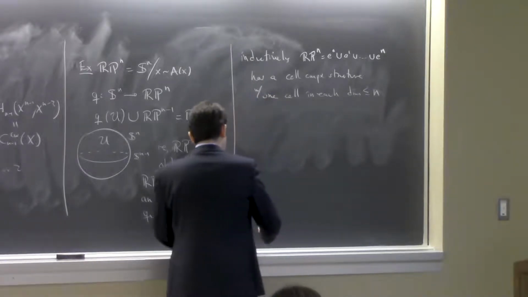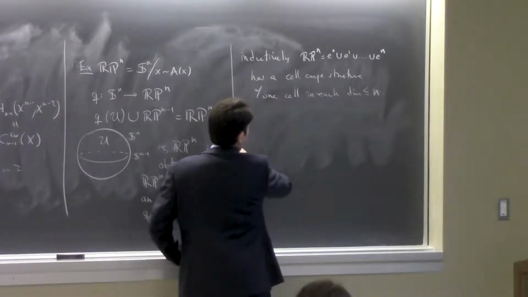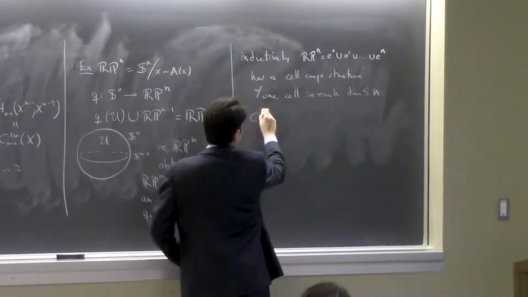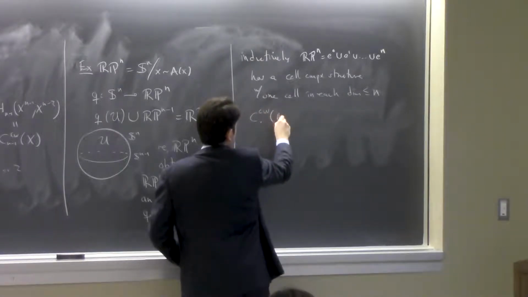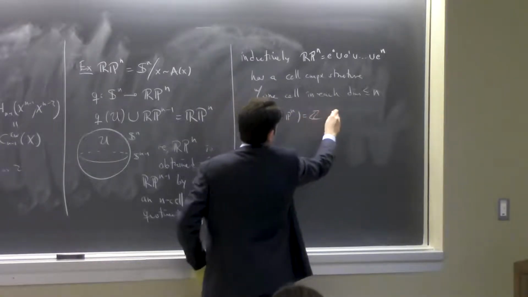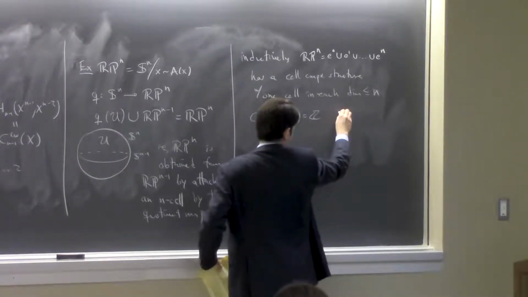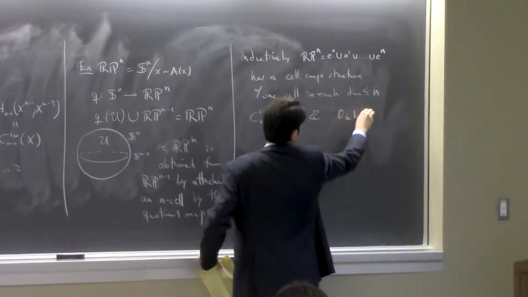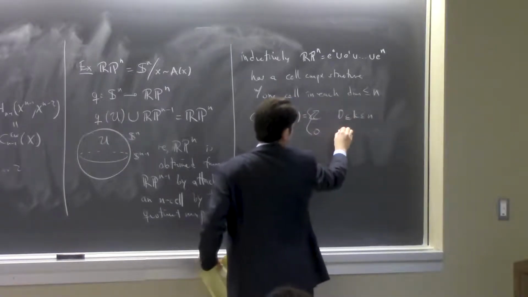Okay, so that means that the cellular chain complex of RPn is just Z for k less than or equal to n, and then 0.